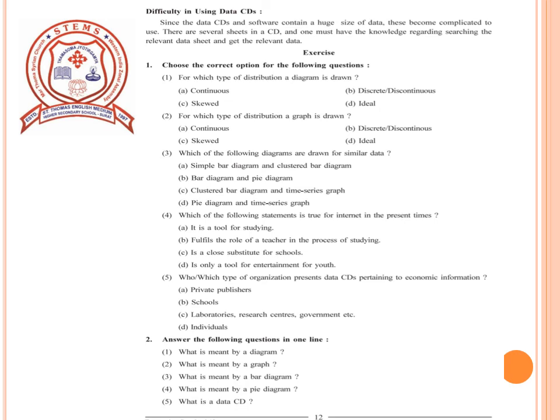So there are several sheets in a CD and one must have the knowledge regarding searching the relevant data sheet and getting the relevant data. So in using such data series, one must have the perfect knowledge in searching the relevant data sheet and the relevant data from the CD, because it has a huge size of data. So it is very complicated to use.